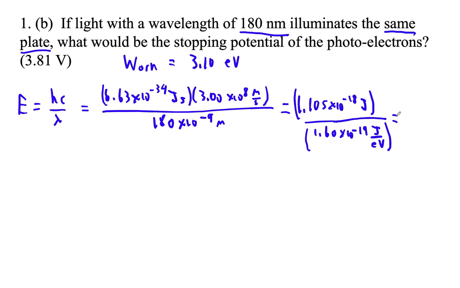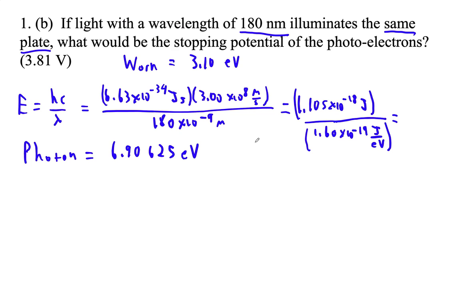So divided by 1.60 times 10 to the minus 19th, you get 6.90. So the photon energy is equal to 6.90625 electron volts.